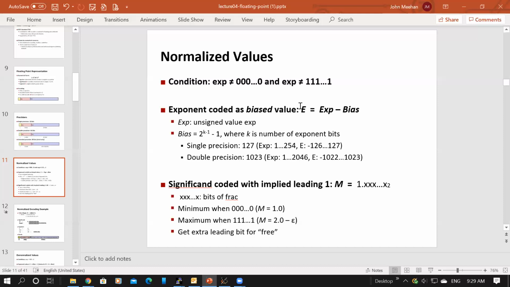And the reason we're storing this exp field as the e with a bias applied to it is because we have a need to store both positive and negative exponents.